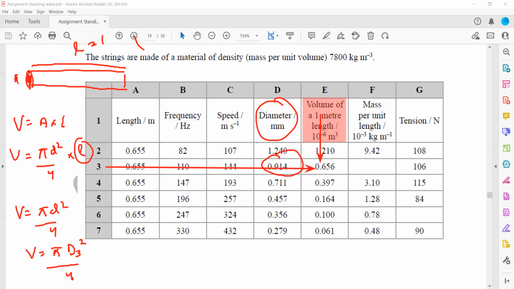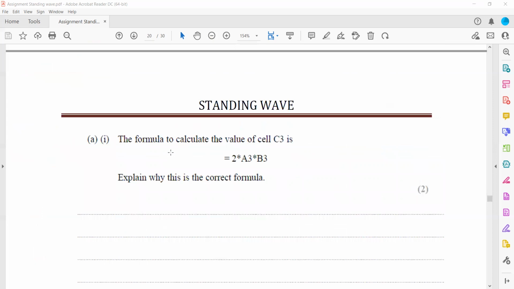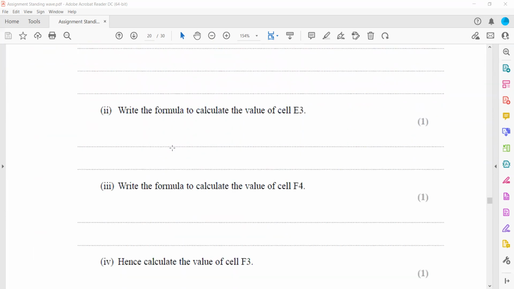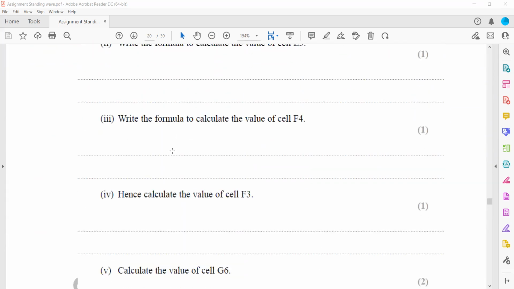That will give us the volume of this wire, which has a length of 1 meter. Is it clear? Yes, sir. If there is any question or part you're not able to understand, let me know and I will repeat that part.